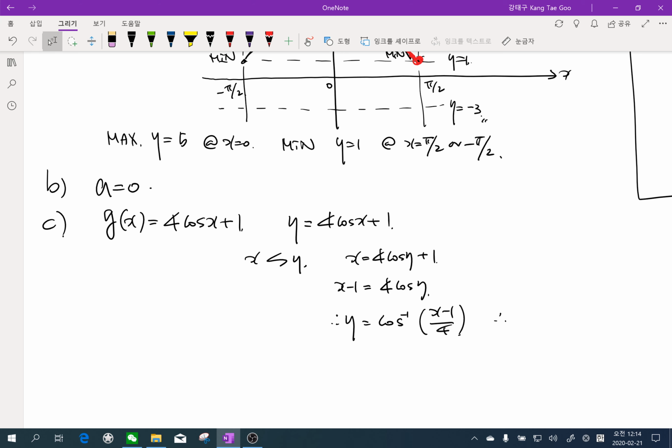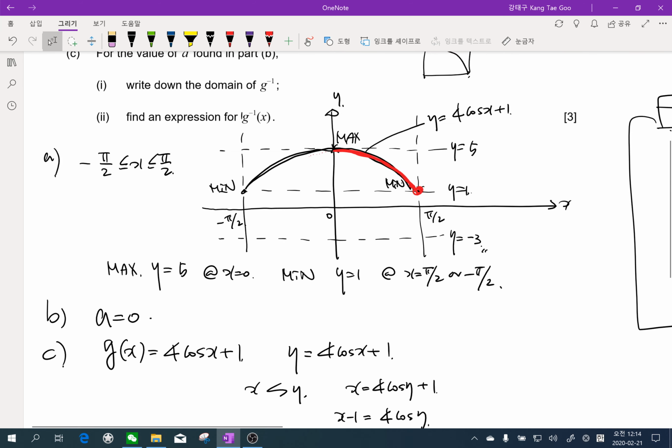So you can say that g inverse of x is cosine inverse of (x minus 1) over 4. That is the form of g inverse.